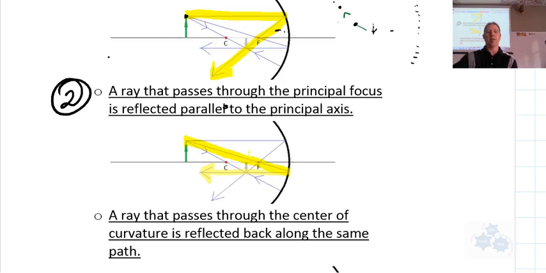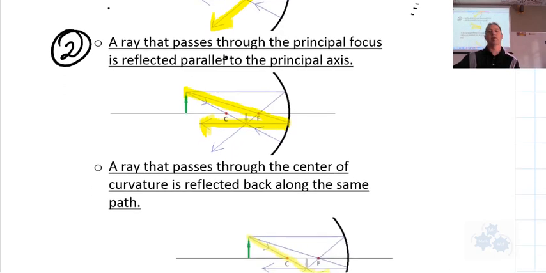If you draw a straight line through the focus so that it hits the mirror, the predictability of this will be such that the light ray will reflect exactly parallel. Okay? So it's very similar to Rule 1. Rule 1 was parallel, principal focus. This one is principal focus, parallel. Okay? So the two rules, very, very similar.